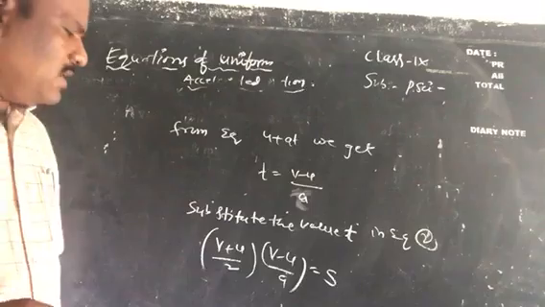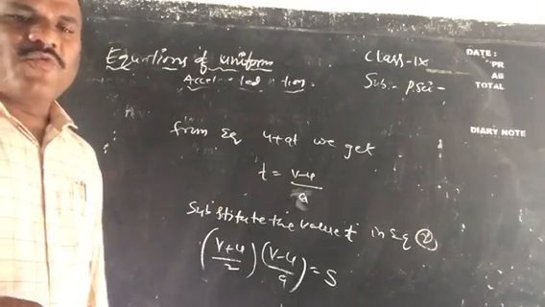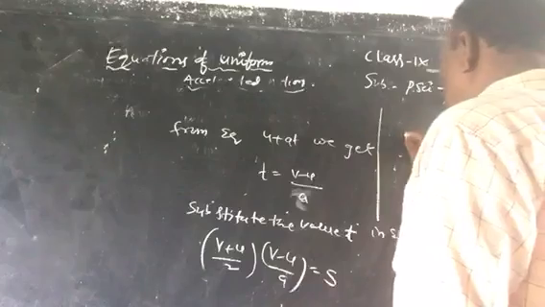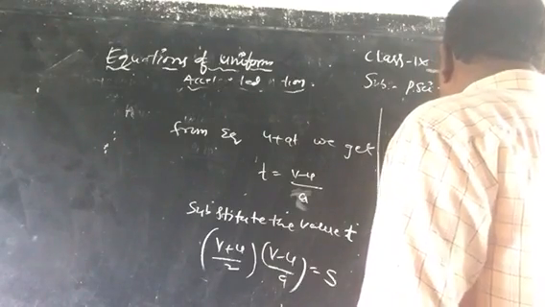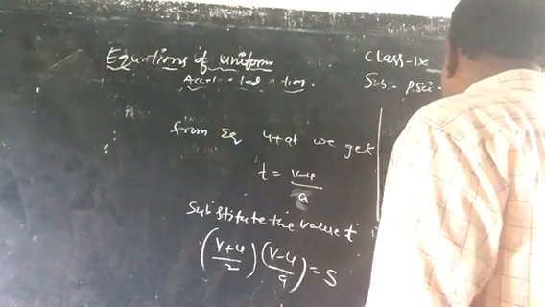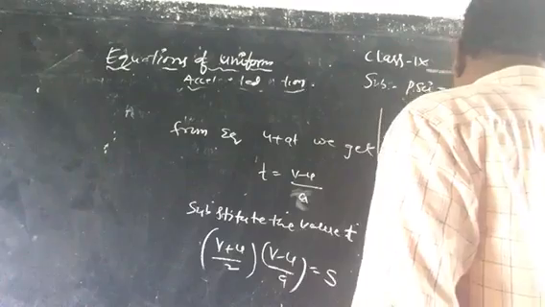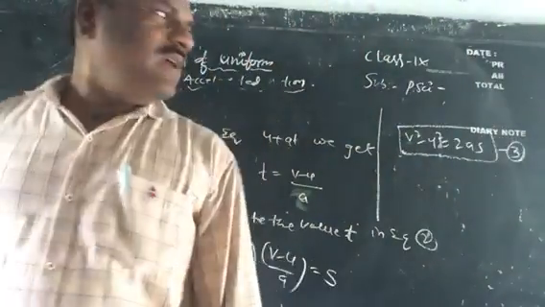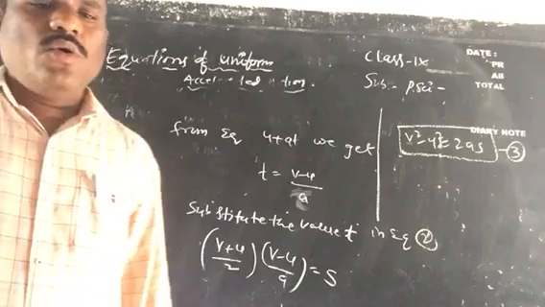Therefore we can write directly, v square minus u square equal to 2as. So this is the third equation of motion: v square minus u square is equal to 2as.